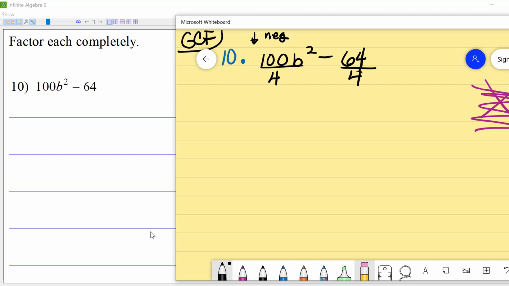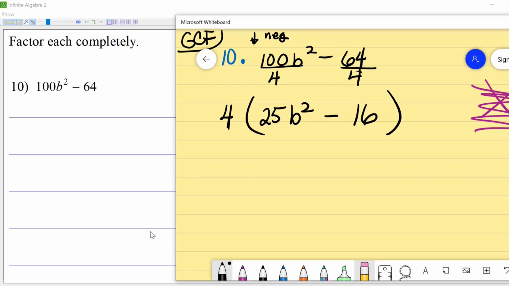Okay, this one you're definitely going to want to write out. So the GCF, I'm going to try to see, hey, is it 4? 2 was too small. And then I'm going to factor it out. 64 divided by 4 is 16.